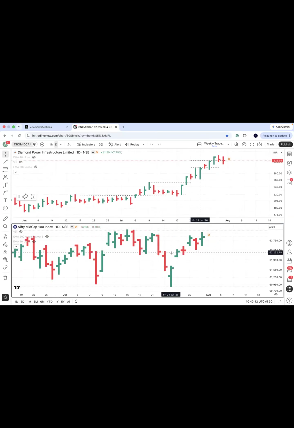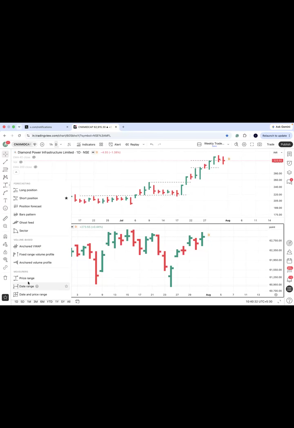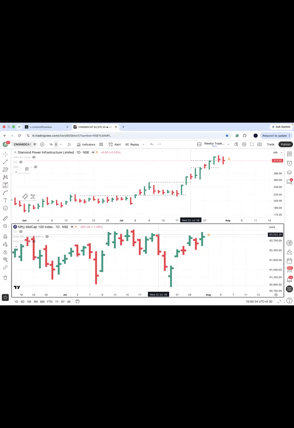This is the daily chart as well. As you can see, I'm going to the day where the Nifty Midcap 100 index had corrected. The correction started from 22nd July.